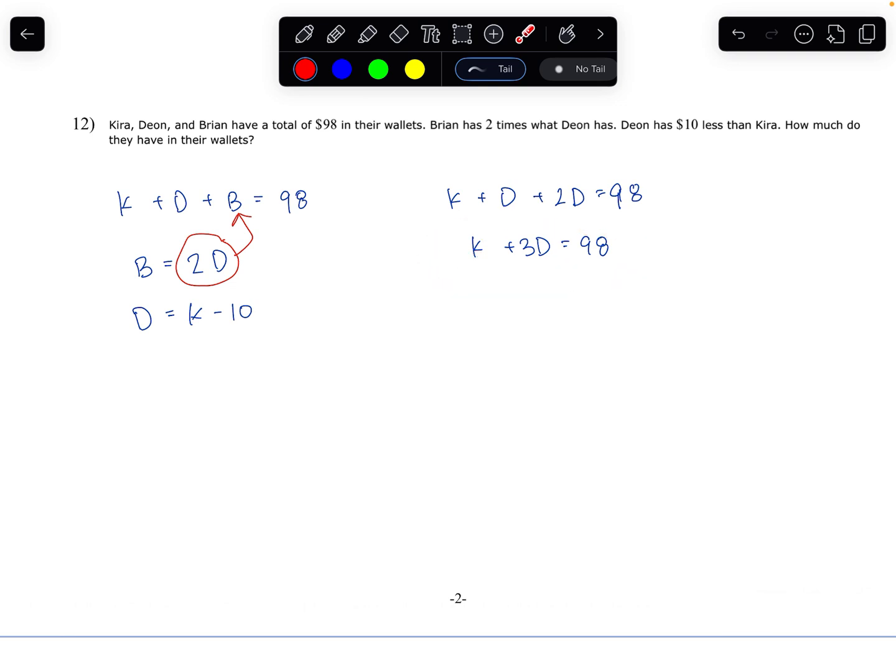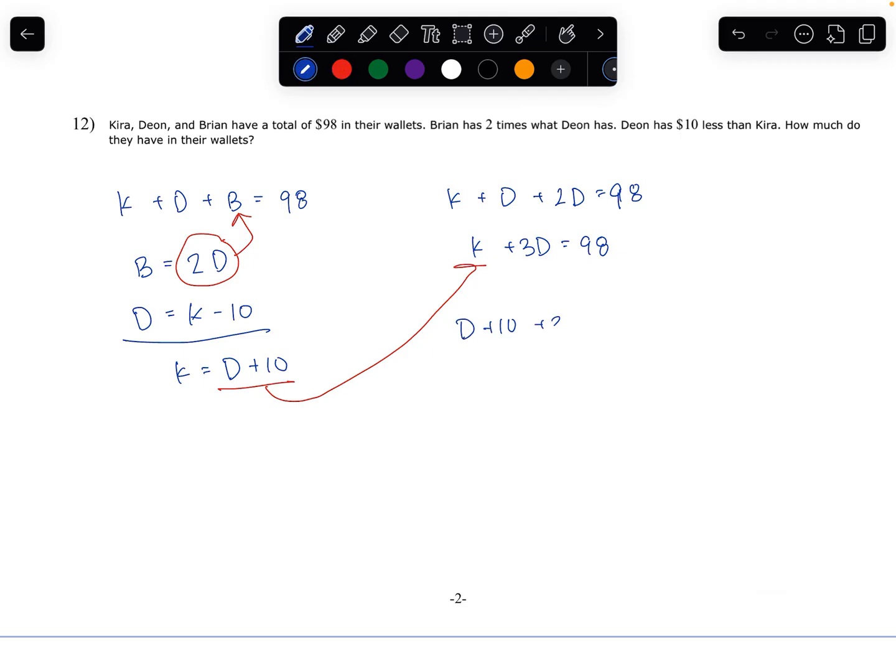But I could also go here, and if I switch things around, I could say that K is equal to D plus 10. Well, that means I could put this for the K. So if K is equal to D plus 10, this is D plus 10 plus 3D equal to 98.